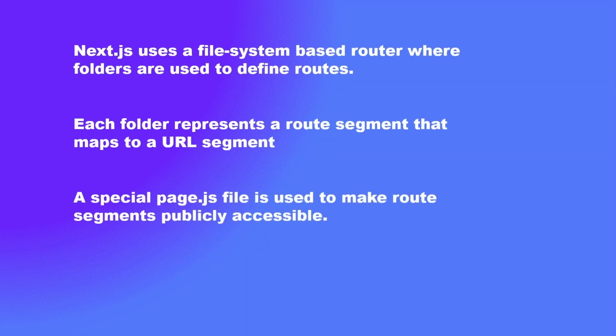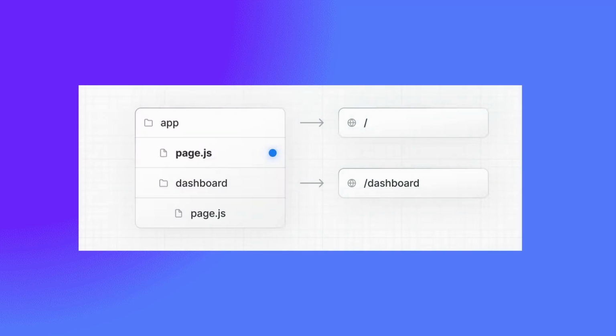Next, as I mentioned previously, the page file will be used here. A special page.js file is used to make the route segment publicly accessible. You can see the example here. A normal page.js will act as the landing page or index page.